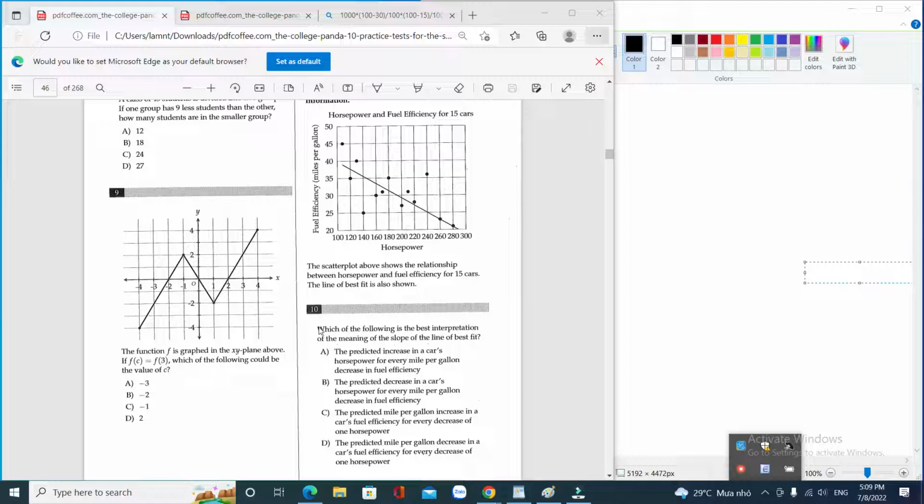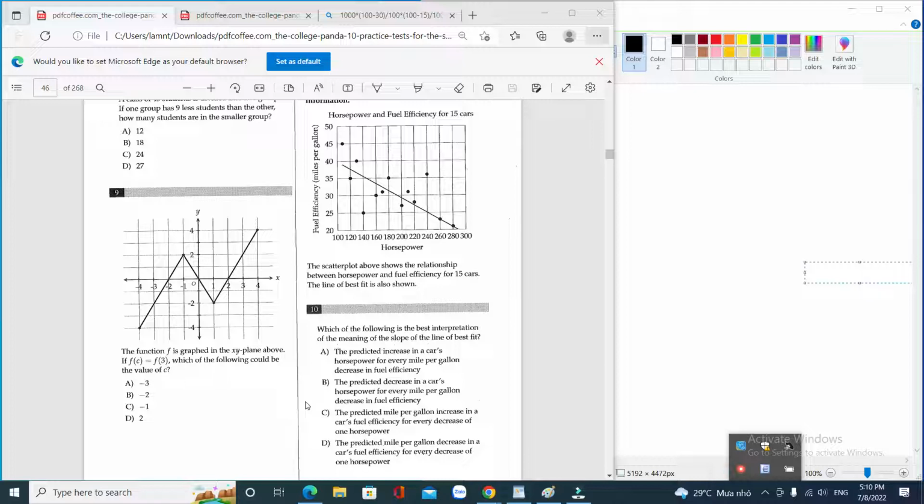No, they did not predict an increase in horsepower. They predict miles per gallon. So actually, it should be the predicted miles per gallon increase for every decrease of 1 horsepower.